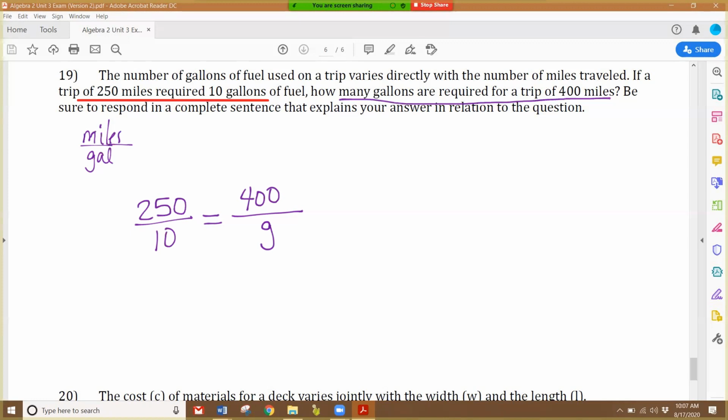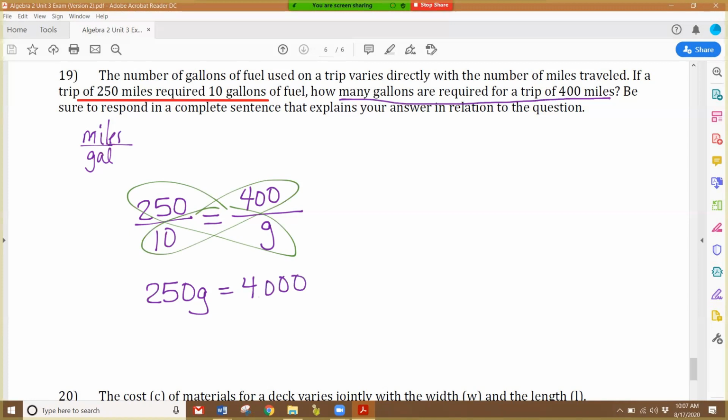Cross multiply. When I cross multiply, I'm taking 250 times G, which is 250G, equals the other diagonal. 400 times 10 is 4,000. So 250G equals 4,000.